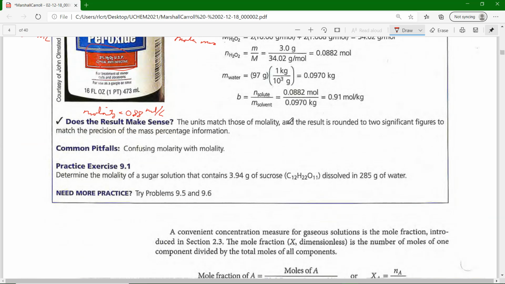Determine the molality of a sugar solution that contains 3.94 grams of sucrose dissolved in 285 grams of water. So molality is going to be moles of sugar, so that's 3.94 out of the molar mass of sugar, which is 342, if you want to look that up, divided by 0.285. Not 285, you've got to divide by 1,000.